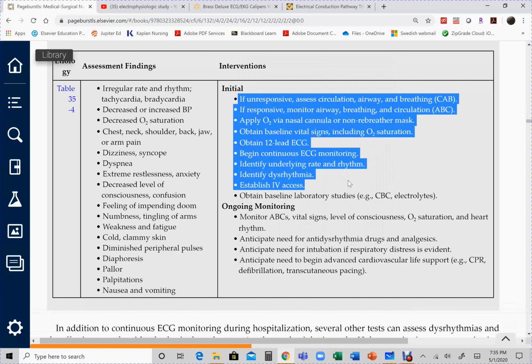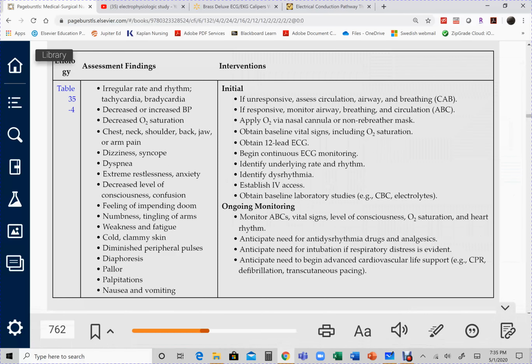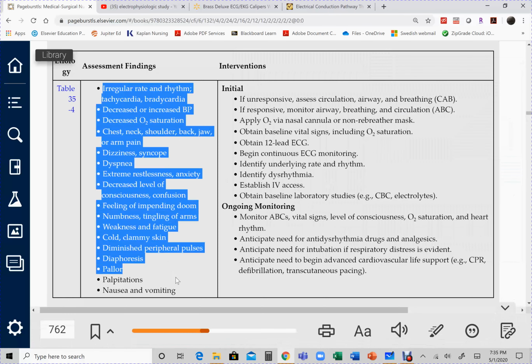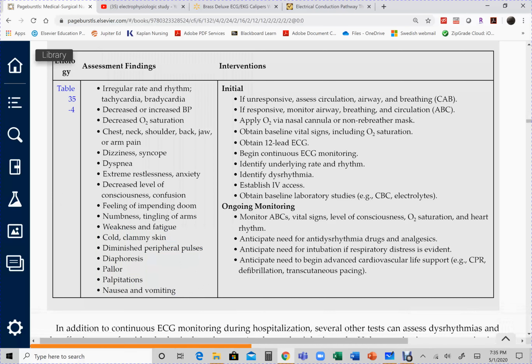Of course they will also need IV access, because most of your drugs are given IV. If you look at the signs and symptoms here, which by the way I don't think you need to memorize because you should be familiar with these already, these are all consistent with decreased cardiac output. So this is one thing common regardless of your dysrhythmia. Every dysrhythmia is abnormal, correct? So therefore, what will happen to your cardiac output?